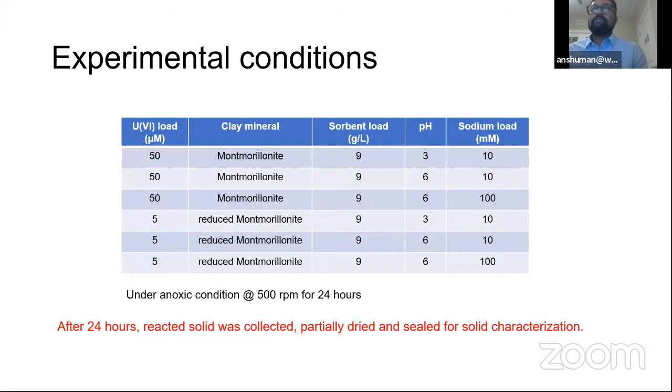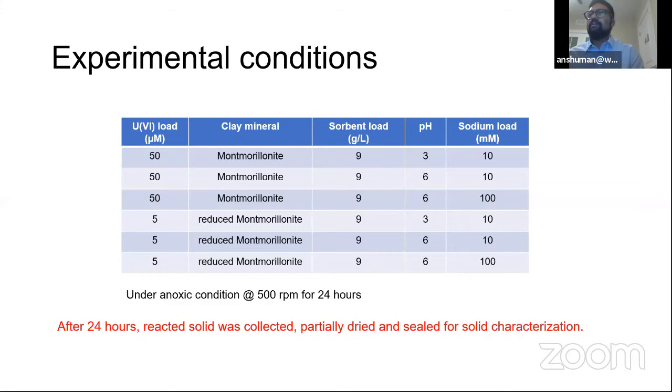So these are the experimental conditions we chose for our purpose. We took uranium 6 loading of 50 micromolar for the Montmorillonite clay, and we did these studies for two different pH, pH 3 and pH 6, which are again two extreme ends of the pH condition we are expecting.